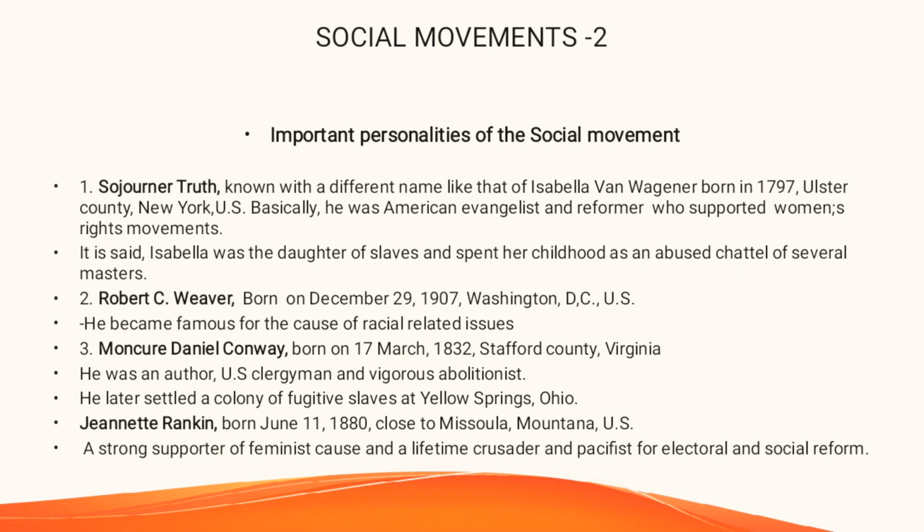Then we have a different name, Robert C. Weaver, born on December 29, 1907, Washington D.C., US, and he became famous for the cause of racial issues. Then the next important personality is Daniel Conway, born on 17th March 1932, Stafford County, Virginia.